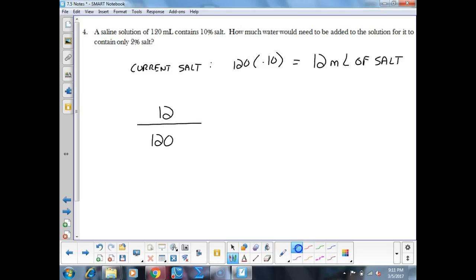Okay? I want to add pure water to that without any salt, so I'm just going to add water to the bottom here now because I'm not adding salt content, I'm just adding water to bring that solution down to 2% salt. Okay? These problems will take a little bit of logic in order to do them. Okay?